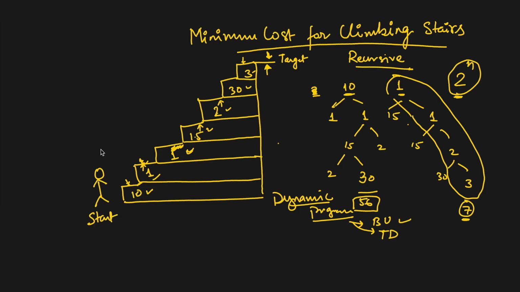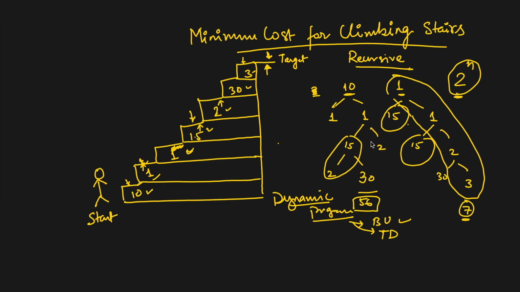That means we'll start with the smallest possible problem, right? And then once we calculate that, we'll store the results so that we don't need to solve the same problem again and again, right? For example, in recursion, once we are at 15, we can go to 2 and we can go to 3. So from 15 here we are solving this, and from 15 here we are solving this.